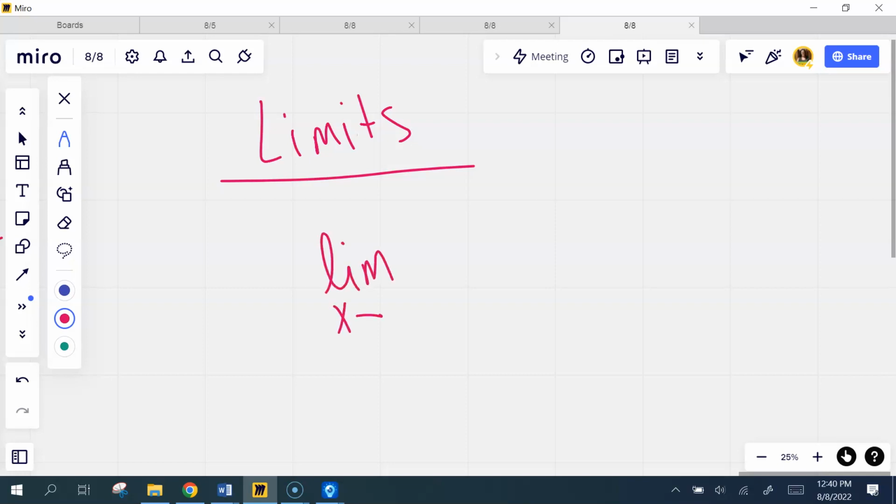This is read as the limit as x approaches, and this can be a number, this can be infinity, this could be anything. Let's say the limit as x approaches 5 of 2x plus 3.